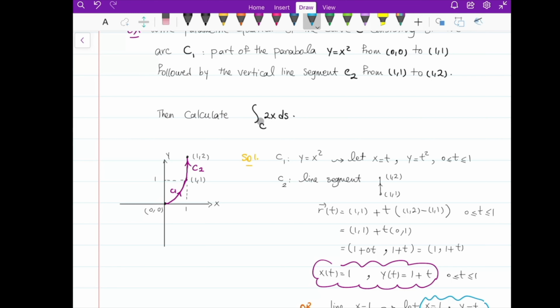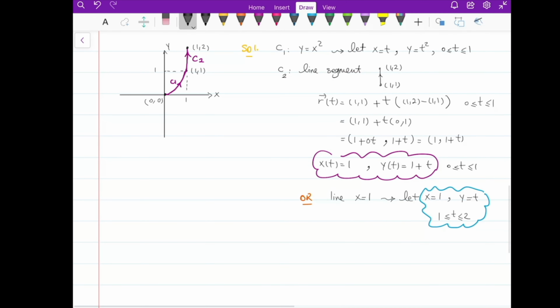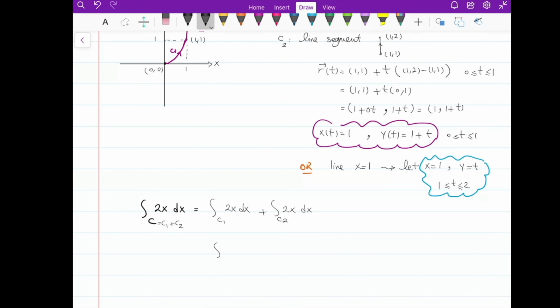So now let me use the parameterization to solve this line integral. What do I have? I have the integral of 2x dx over the curve C. Since the curve C consists of two parts, C1 plus C2, I can find 2x dx on C1 and then add it to 2x dx on C2. So let's calculate each one of them. The integral of 2x dx on C1 is what?